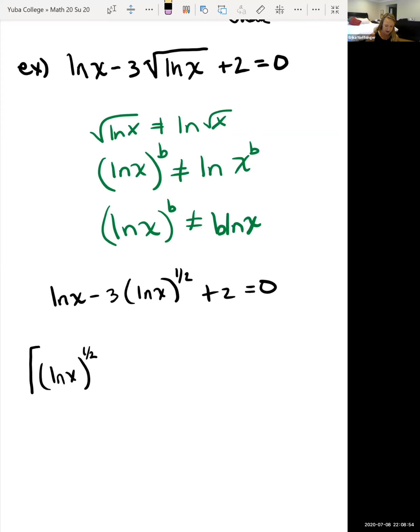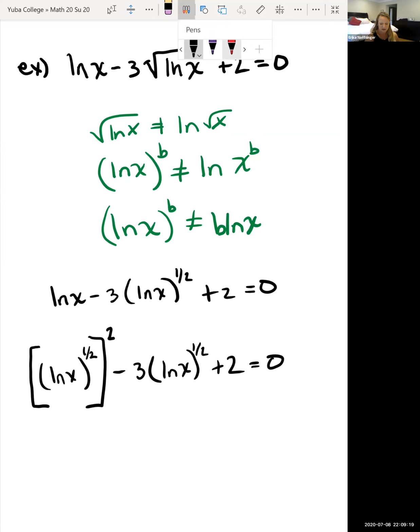So power to power is multiplication. So this natural log x to the 1/2 power squared, because 2 times 1/2 is 1, that would get us back to this original term above. So minus 3 all times natural log of x to the 1/2 plus 2 equals 0. So let's go and make this a substitution.